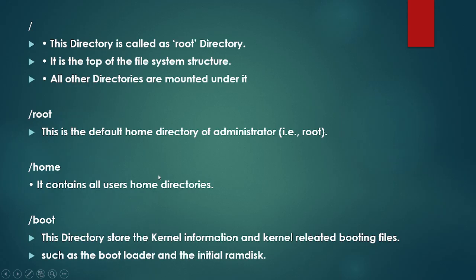Suppose you create a new user. Once the user creation is done, you can find one directory under the slash home directory with his username. Slash boot: this directory stores the kernel information and kernel-related booting files, such as the bootloader and the initial RAM disk.